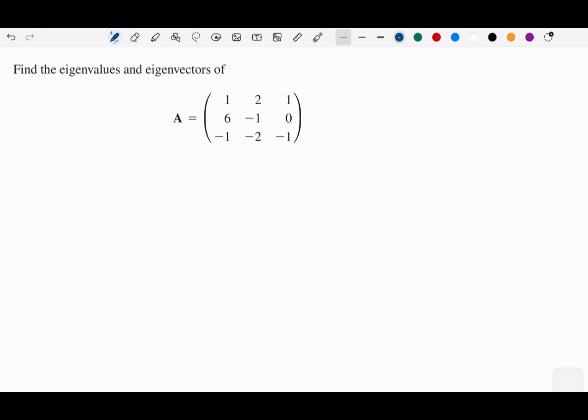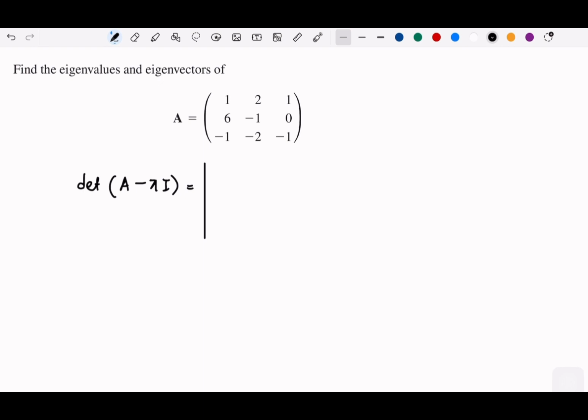Basically, what we want to do is get into the determinant formulation. Directly, we can write A minus lambda I equals, and basically we subtract lambda from all the diagonal entries, so we substitute with this.